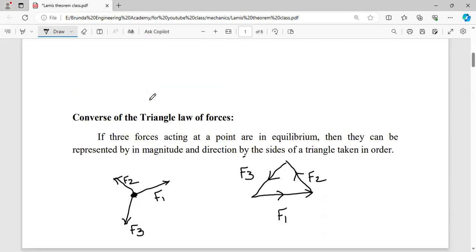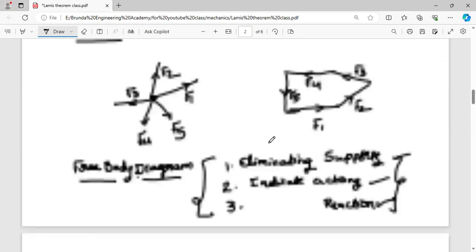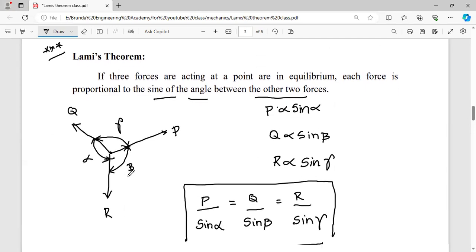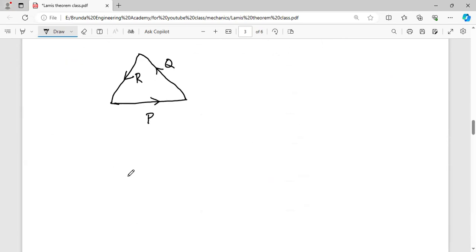The triangle of forces convention is, if three forces acting at a point are in equilibrium, then they can be represented in magnitude and direction by the sides of a triangle taken in order. That means we are considering three forces, so they form a triangle. Now here it is an extension for understanding the forces and their angles.